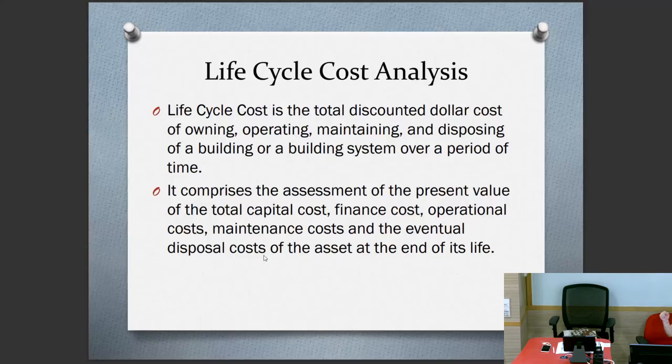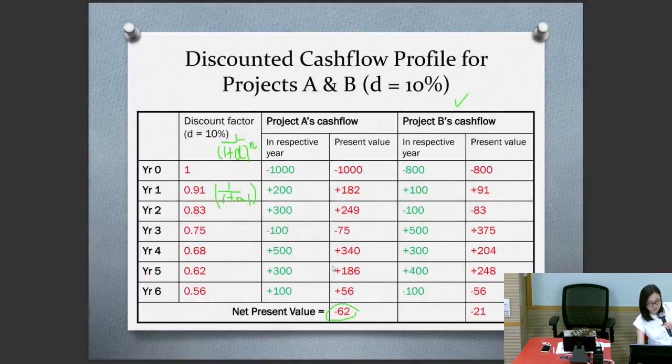So in the example that we have studied earlier, the study period is 6 years. And then maybe in the 7th year, there is another amount of maintenance fees you need to pay. And then at the end of the lifetime of the project, maybe you can sell the equipment for generating revenue.